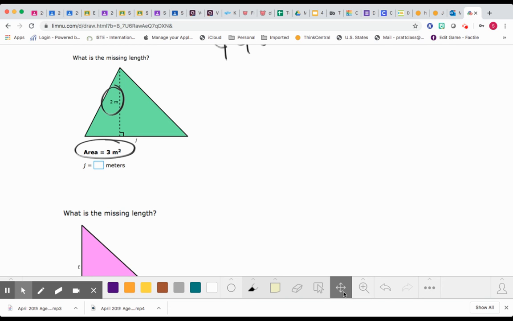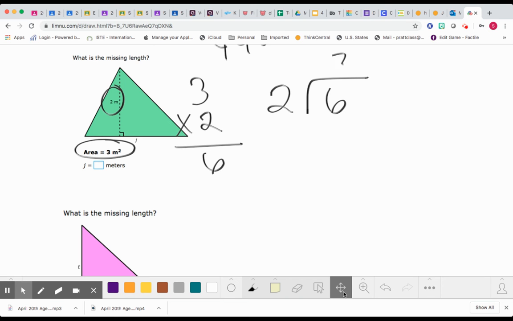So if we multiply 3 square meters, that's your area, by 2, because remember, we originally had to divide it in half, that would get us 6. Now we're going to be dividing that number 6 by the height, which was 2, which gives us 3. So your answer for J is 3.